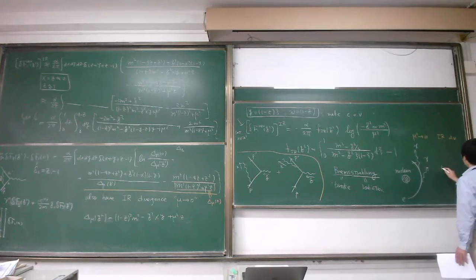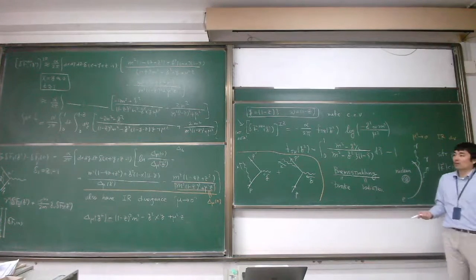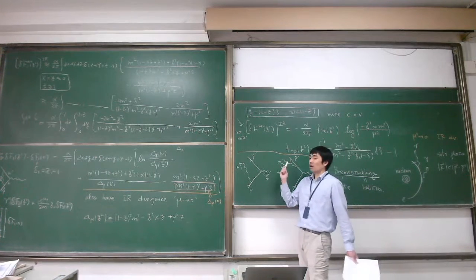But we are interested in when K is very small. K is very small, and this is called a soft photon, because the momentum is very small compared to the electron's. If the momentum is too small, the experimental device cannot detect it.